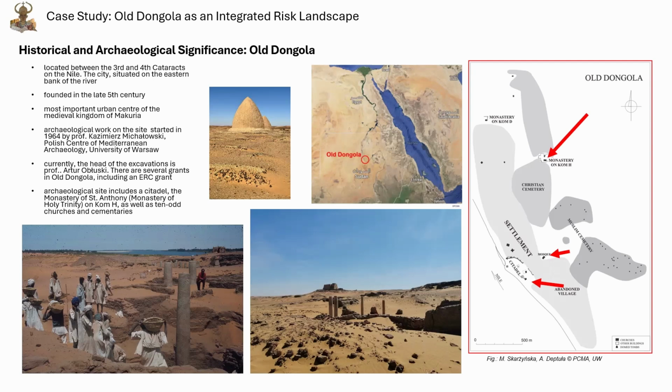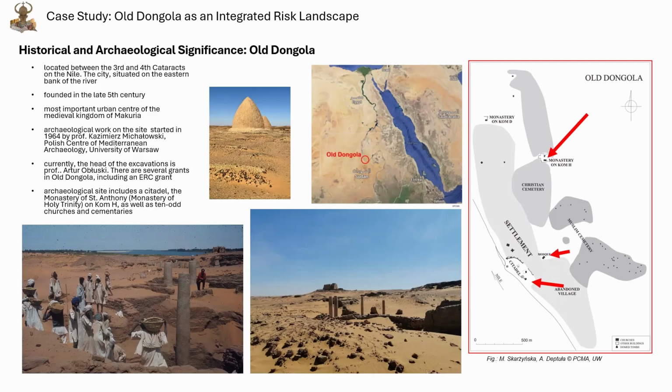So we moved to Old Dongola, where the first PCMA excavation began in 1964. Old Dongola, known in medieval times as Tungul, lies on the east bank of the Nile. It was founded in the 5th century and soon became the capital of the Nubian kingdom of Makuria. For many centuries, it was a political, religious, and cultural heart of Christian Nubia.